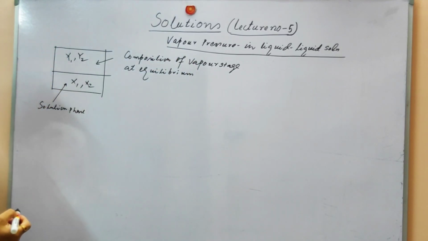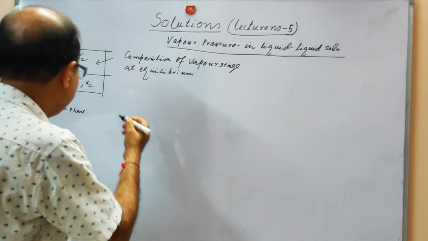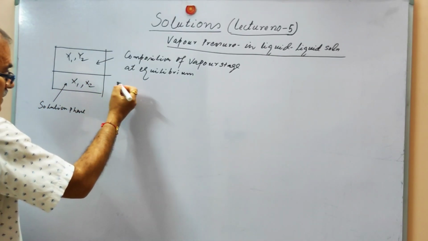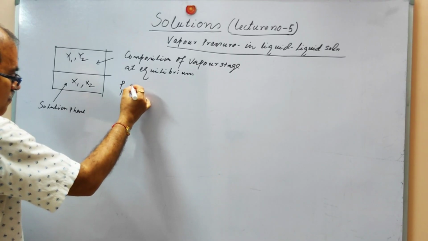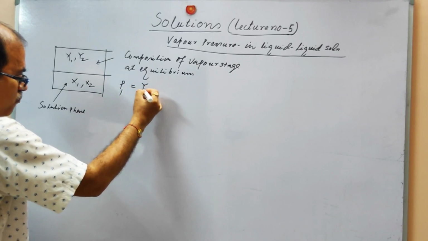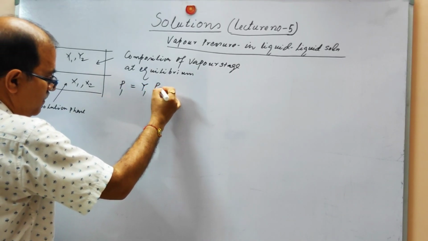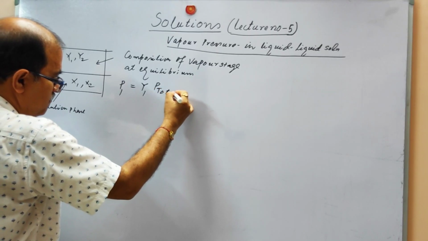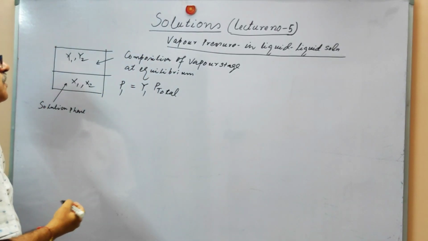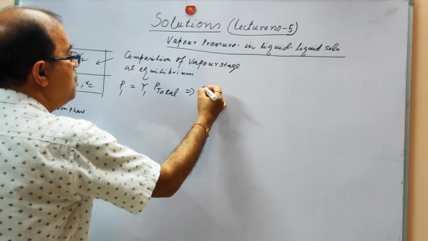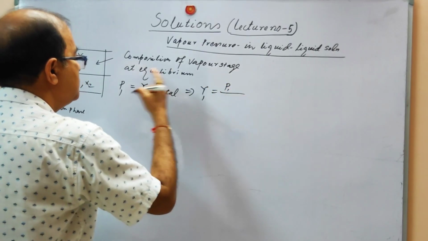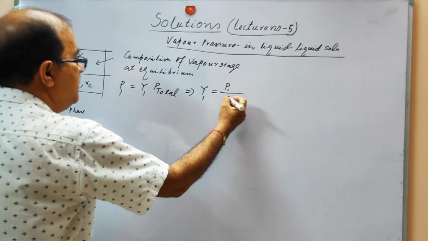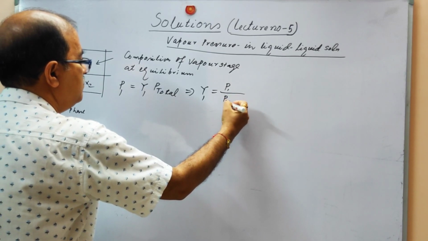How do you calculate it? From Dalton's law of partial pressure, we know that the partial pressure P1 of the component 1 can be expressed with its mole fraction and the P total. So we can write y1 is equal to P1, the partial pressure of the component 1, divided by P total.